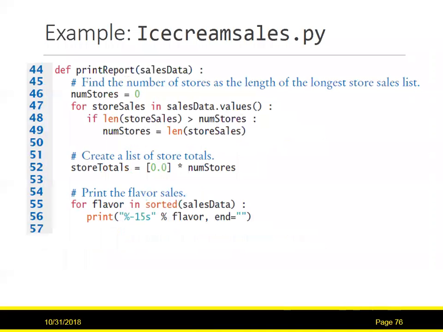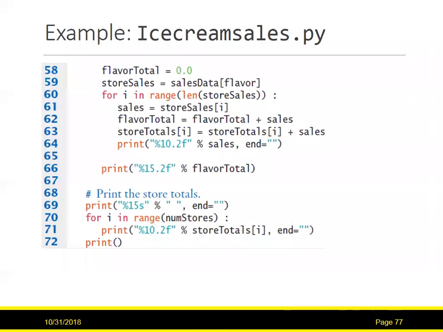Okay, so for flavor, flavor is the key, and iterating over a dictionary, if you don't specify .items or .values, will just give you the key.